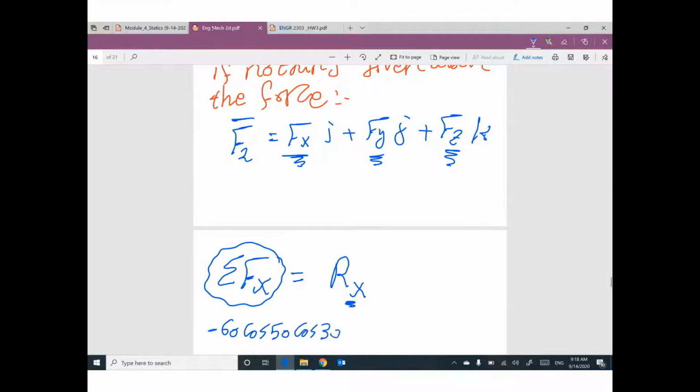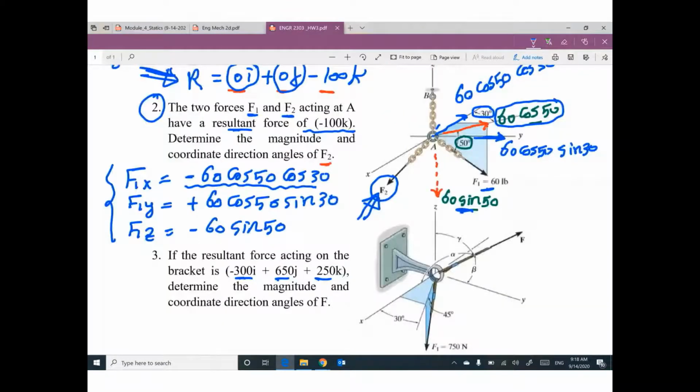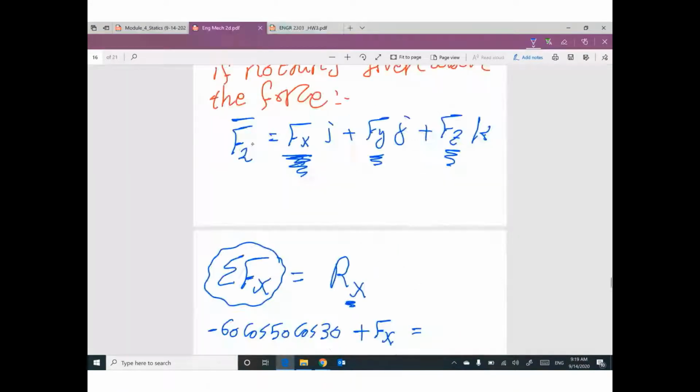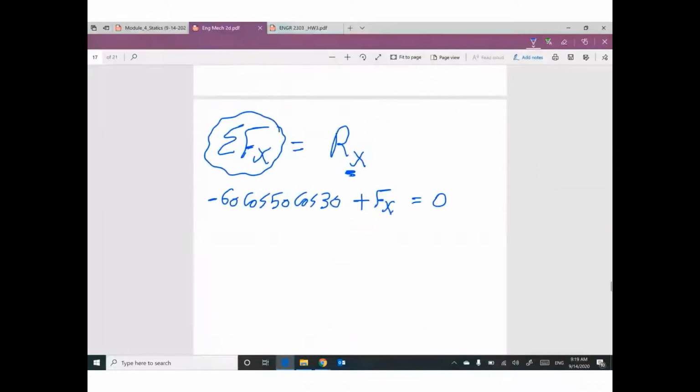X component for F2 is Fx. What is the x component for the resultant? It's given. How much? 0. So equals 0. The only unknown in this equation is Fx. I can figure it out.